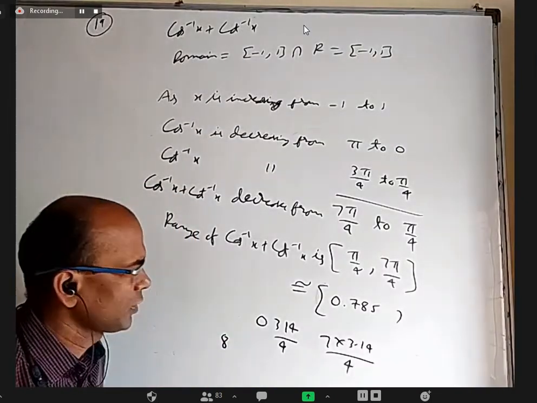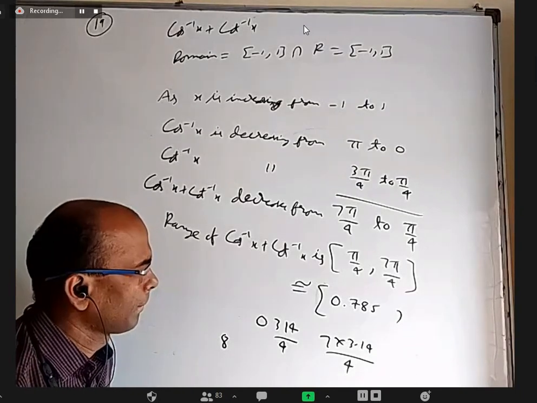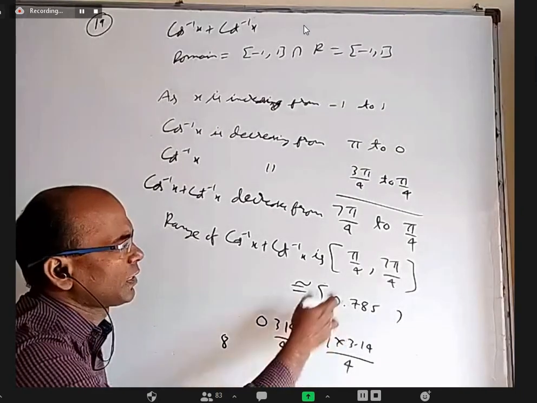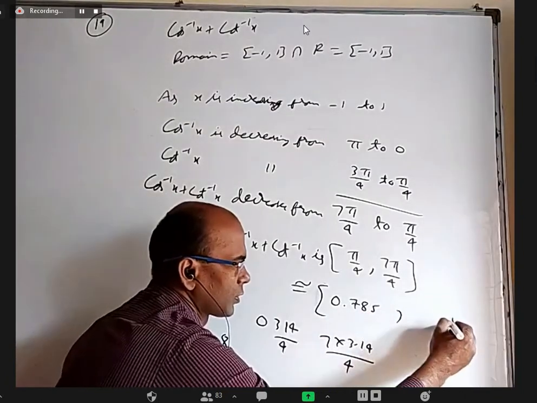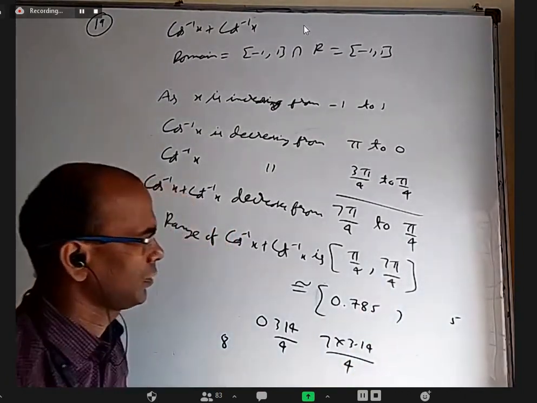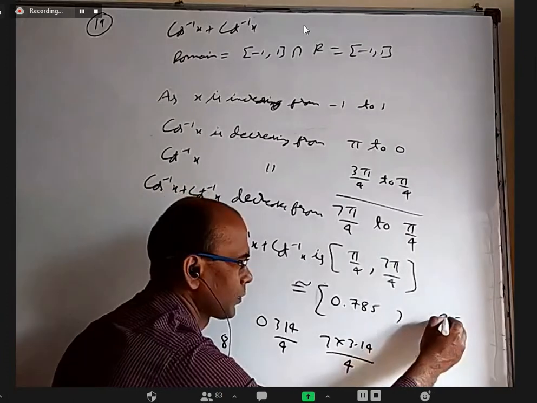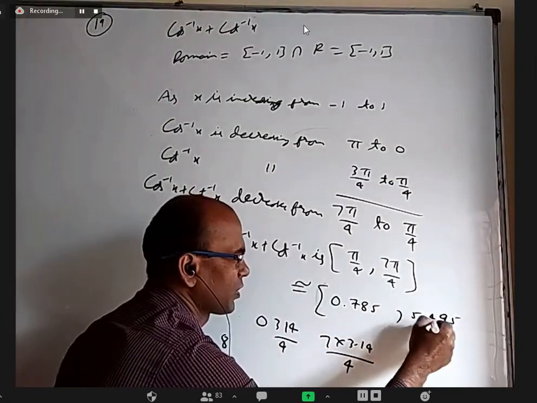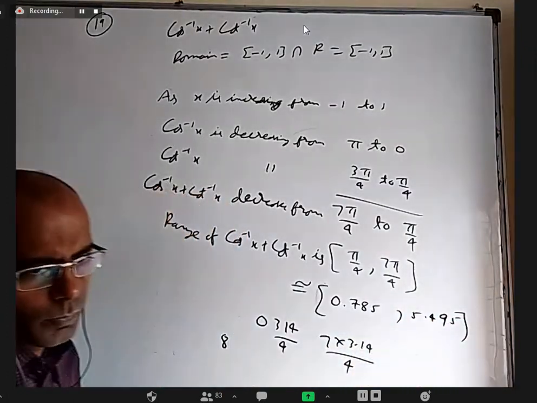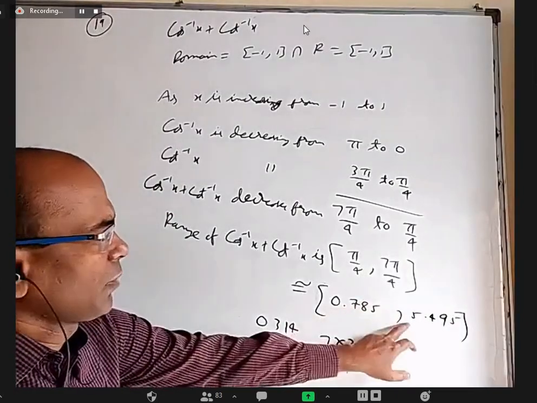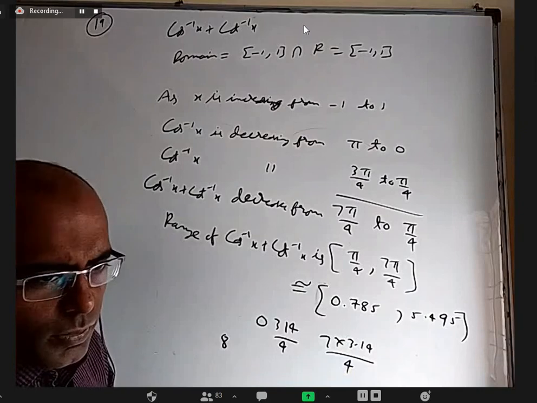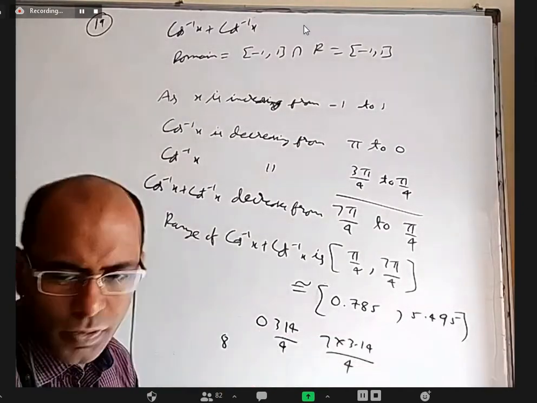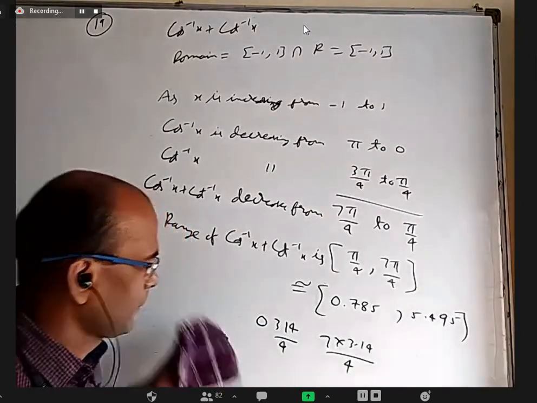Or you take this and multiply by 7. That is easy. 7 5s are 35, 6, 7, 8, 6, 9, so 5.495 roughly. So this is around 5.495, and this is around 0.785. You take any number between these two and find the integer part, what it can be.